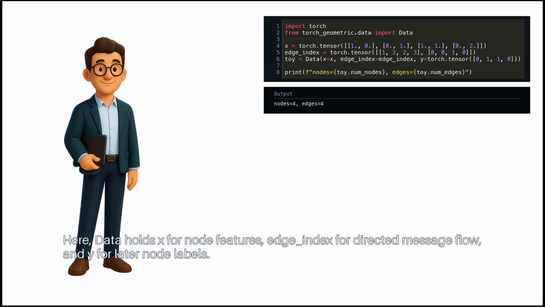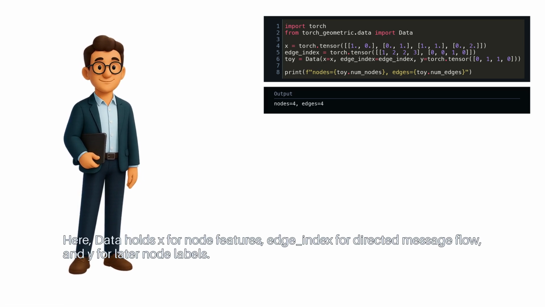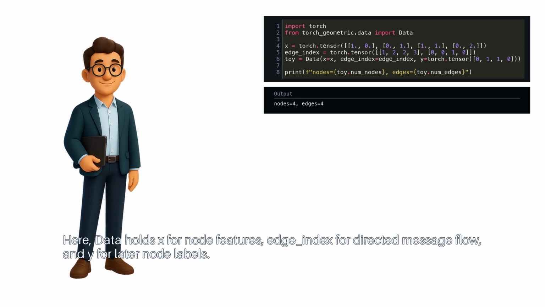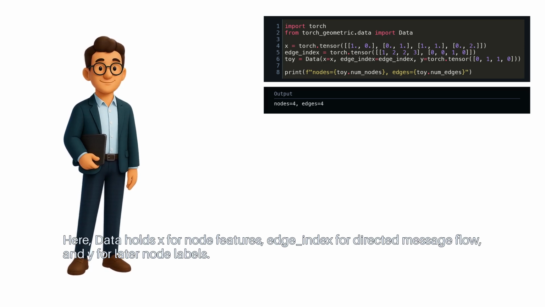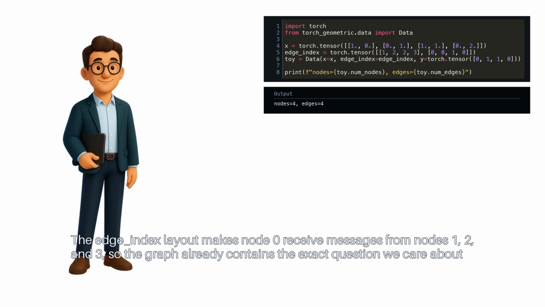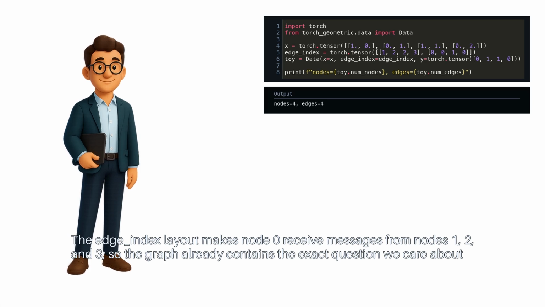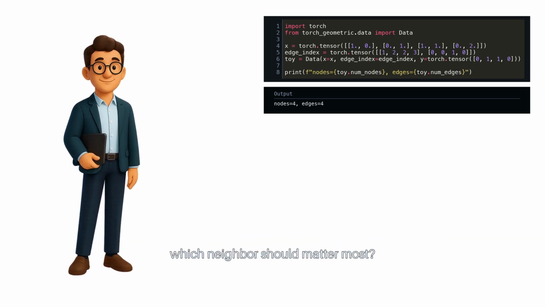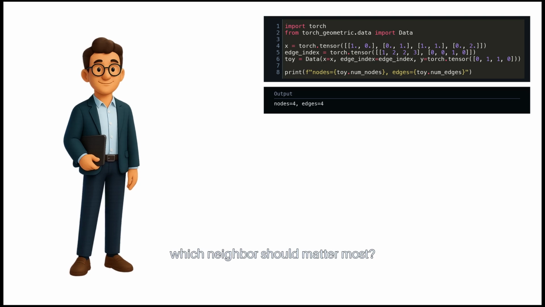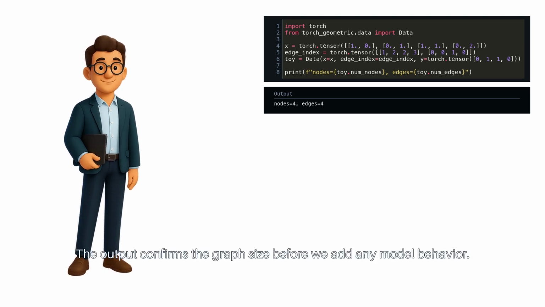Here, data holds x for node features, edge_index for directed message flow, and y for later node labels. The edge_index layout makes node 0 receive messages from nodes 1, 2, and 3. So the graph already contains the exact question we care about: which neighbor should matter most? The output confirms the graph size before we add any model behavior.